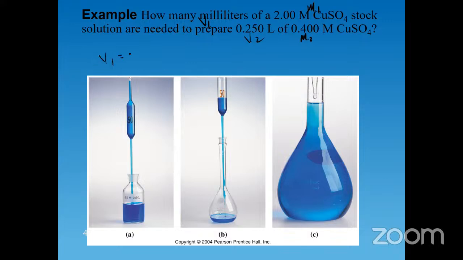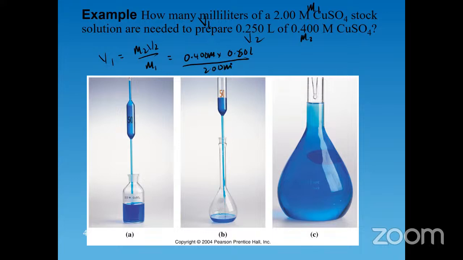So based on the equation I gave you before, we can rearrange it to get V1 is equal to M2 V2 over M1. And then all we have to do is put the numbers in. So 0.400 M multiplied by 0.250 liters, all divided by M1, which is 2.00 M, and that's it.